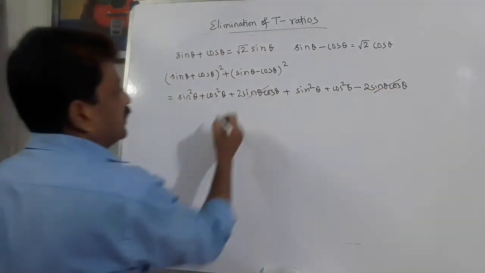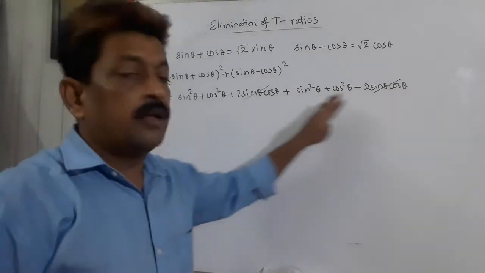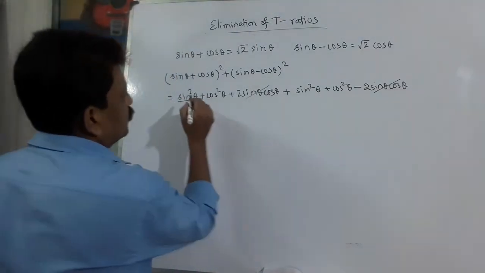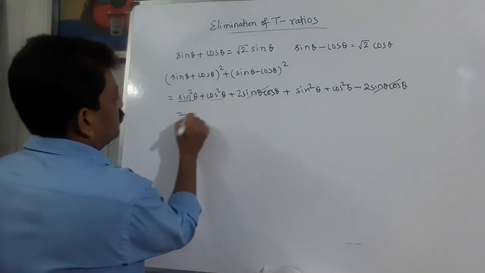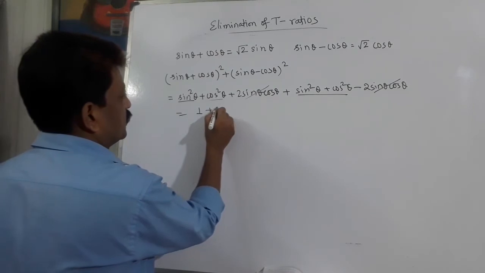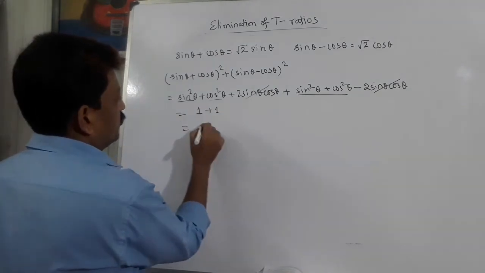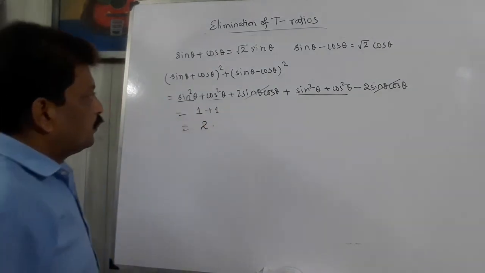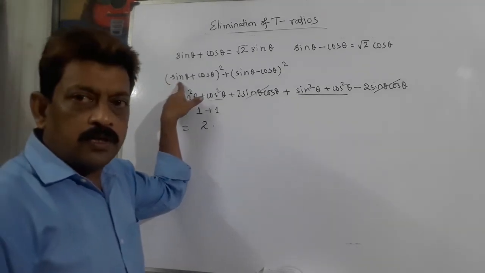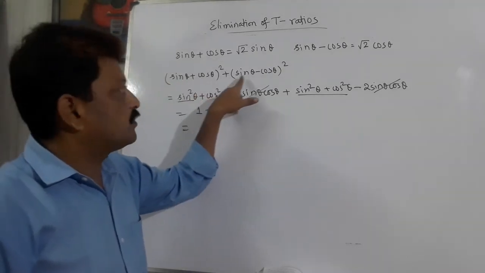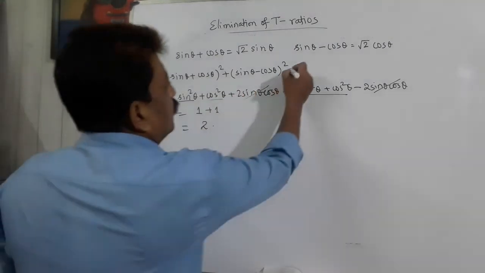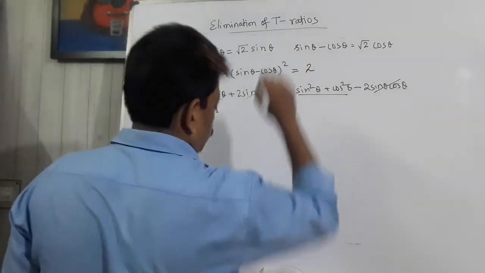So these two parts, plus 2 sin theta cos theta and minus 2 sin theta cos theta, are cancelled. Here sin square theta plus cos square theta equals 1. Similarly here also sin square theta plus cos square theta equals 1. So that makes 2. Therefore the square of the given part plus the square of the question part is 2. So let me write it here. This is 2.